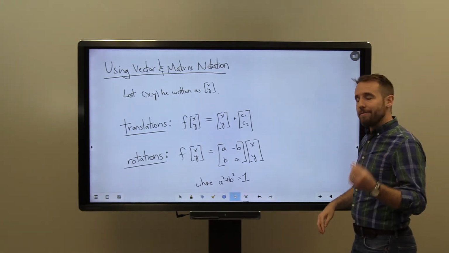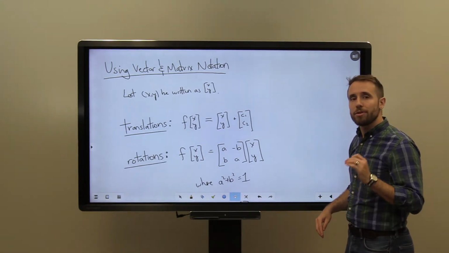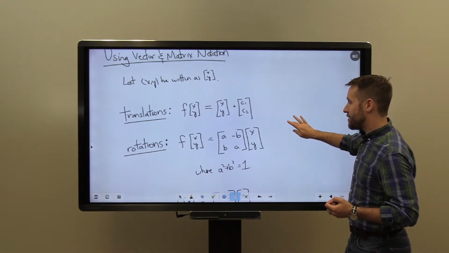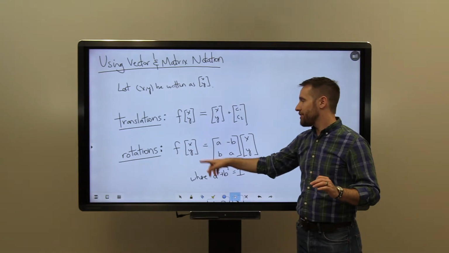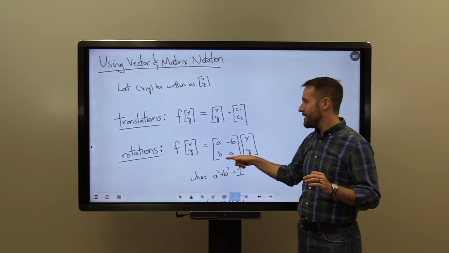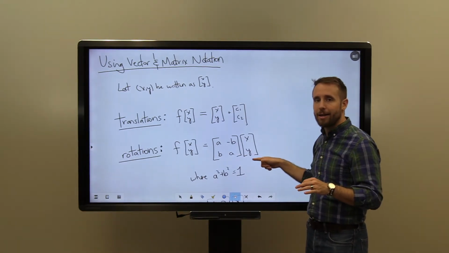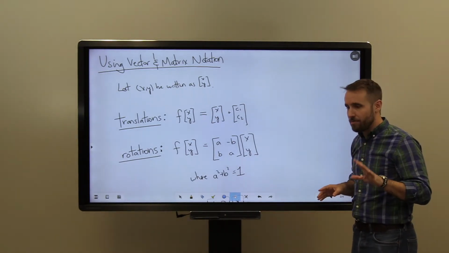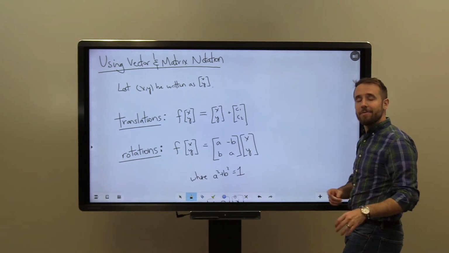A rotation matrix can be used to describe the act of rotating the plane. Specifically, a rotation can be described using the function f of xy equals the matrix a, negative b, b, a, times xy. And a quick check to make sure, this does in fact give us an element of R2.